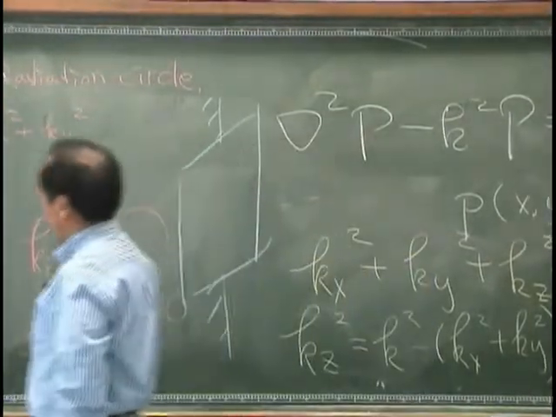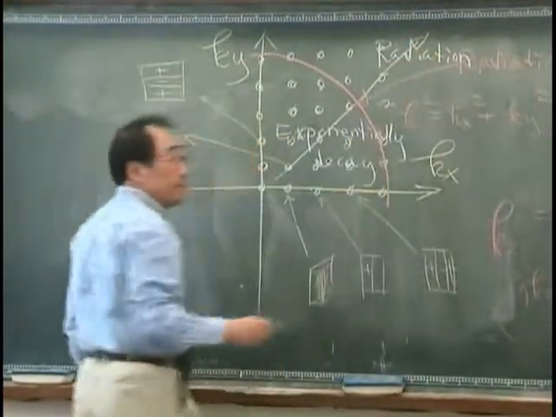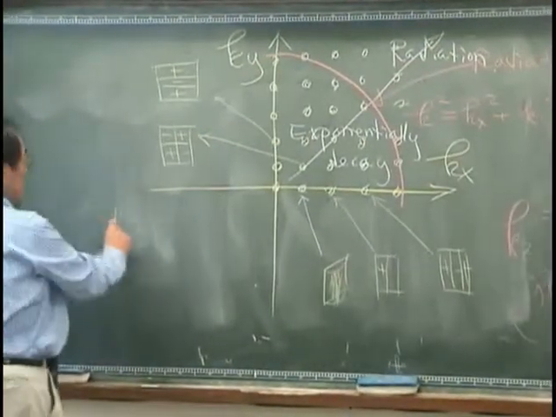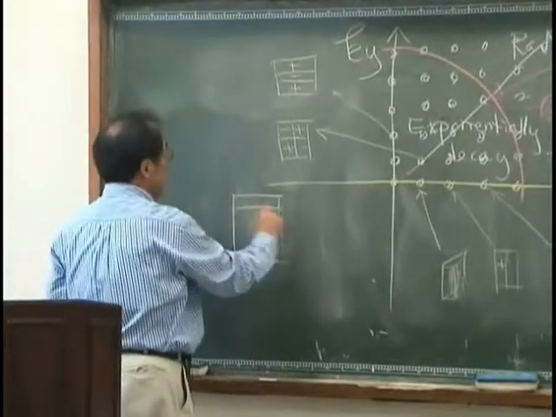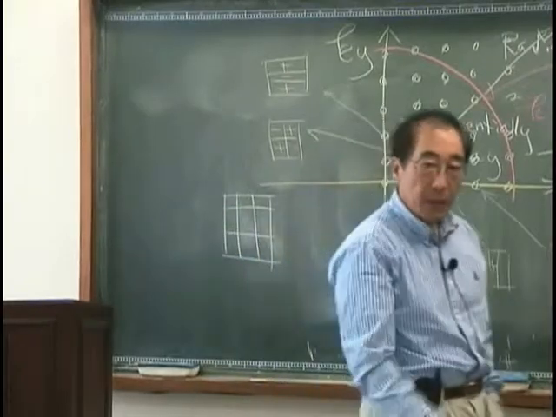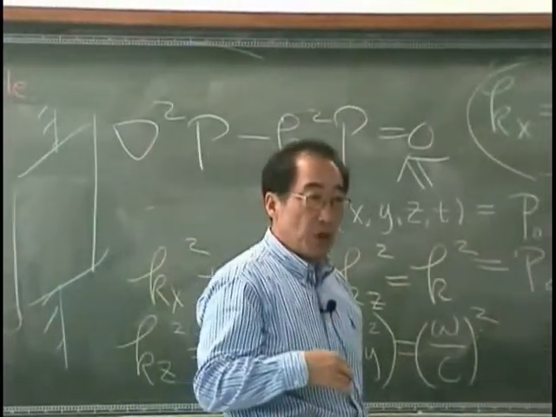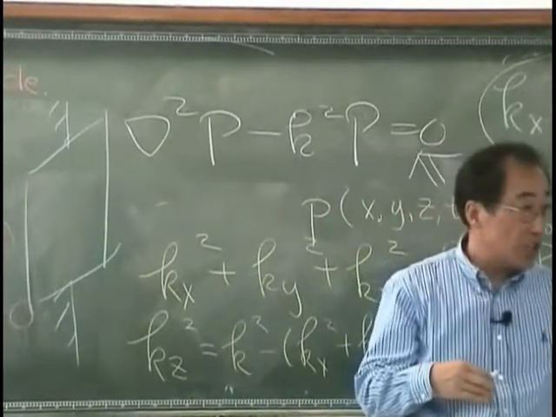In addition, along this center line, the vibration looks like this. The number of modes in the X direction and the number of modes in the Y direction are equally likely.